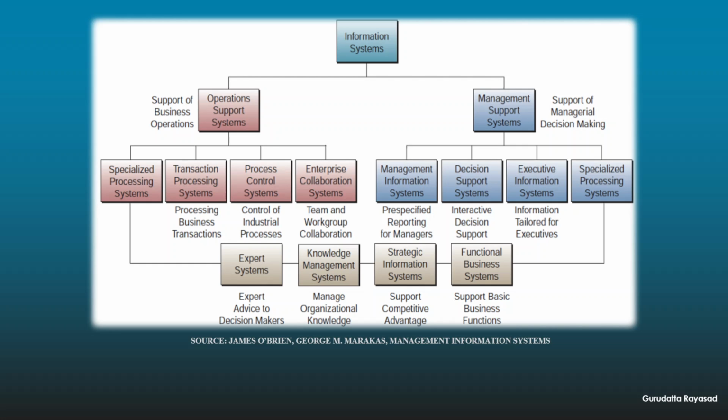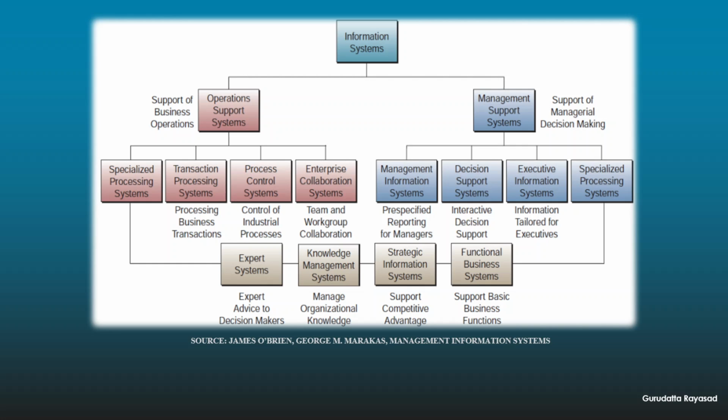Specialized processing systems like expert systems provide expert-type knowledge to the decision makers. Knowledge management systems are used for managing enterprise-level knowledge, the complete knowledge base.